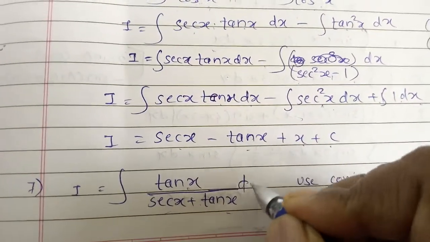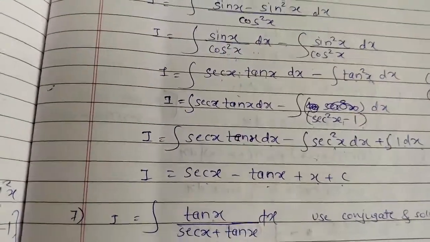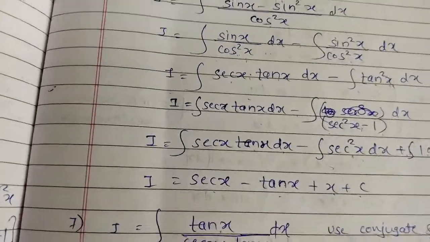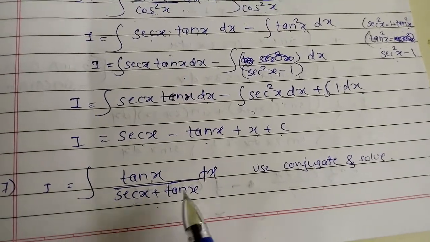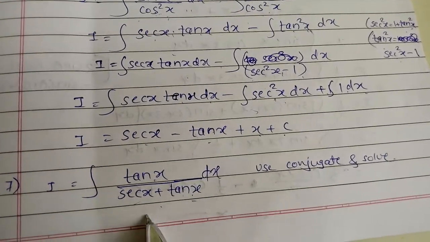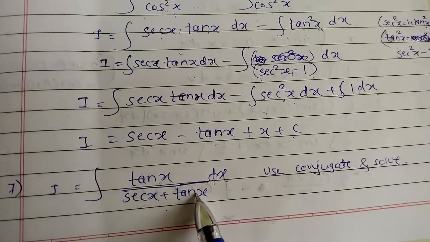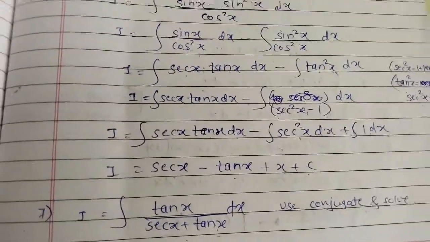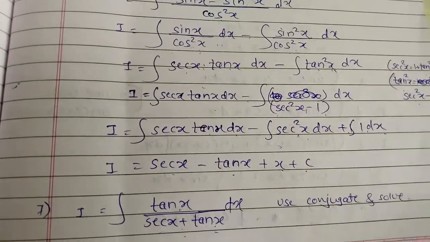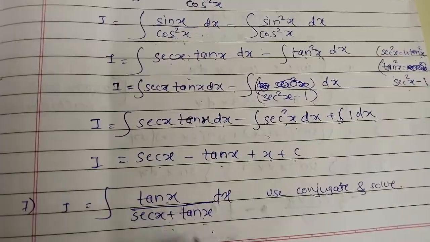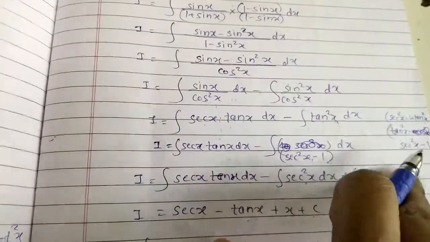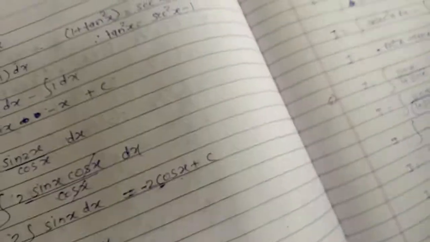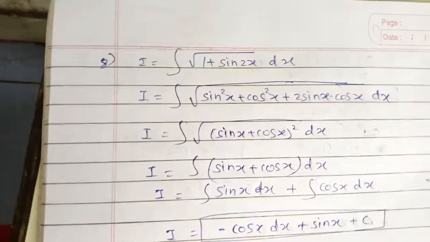Here, as we did in example number 6, we have to take the conjugate pair of the denominator. So the conjugate pair will be sec x minus tan x, and we have to multiply and divide the example by this conjugate pair and solve like this. So we have to try this example, and we are going to start with example number 8.